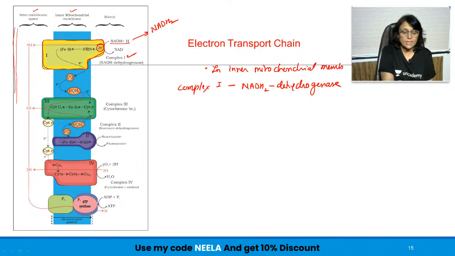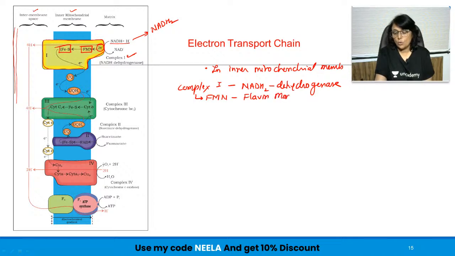What is it made up of? This complex is made up of two proteins, FMN and FeS. FMN is flavin mononucleotide, and FeS is an iron sulfur containing protein.